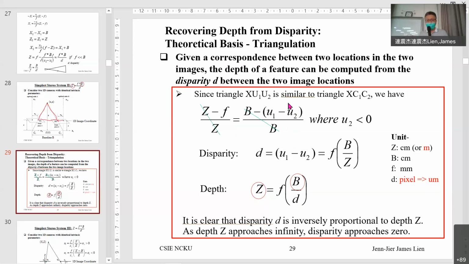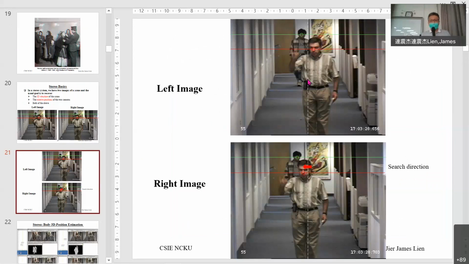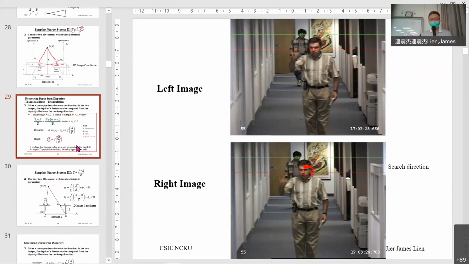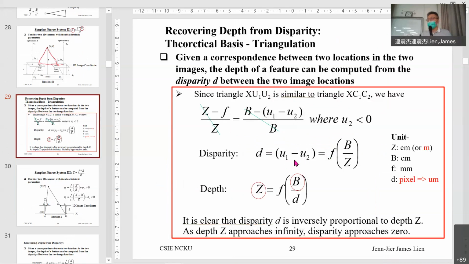What is disparity? It is the distance between two corresponding points. That is called disparity.